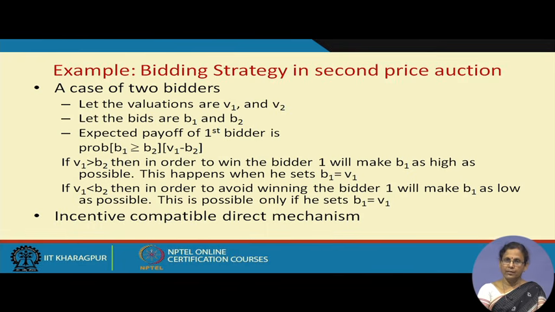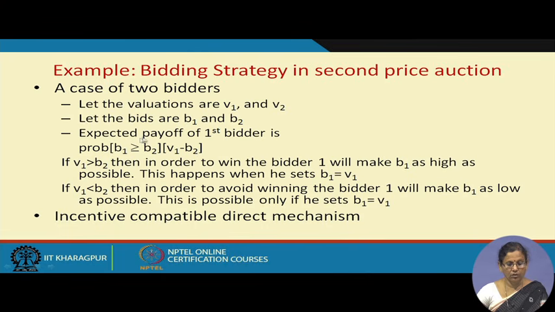So, my probability of winning is the probability that my bid is higher than the other person's bid, that is, the probability of B1 greater than or equal to B2. So, my expected payoff, based on which I will be deciding my bidding strategy, because bidding is not yet over, so it is ex ante, it is before, is the probability of B1 greater than or equal to B2 times B1 minus B2.